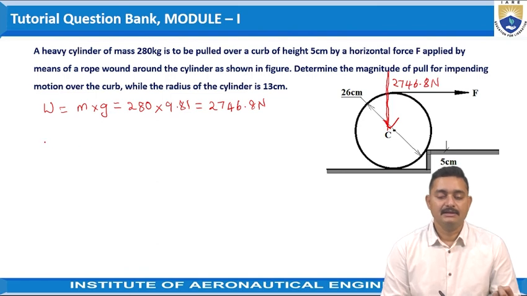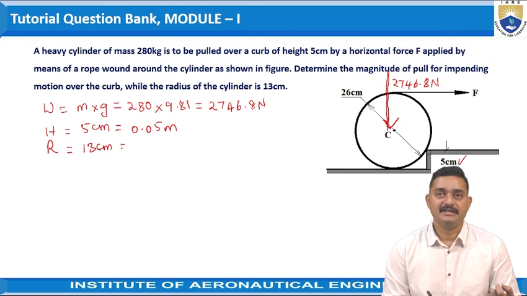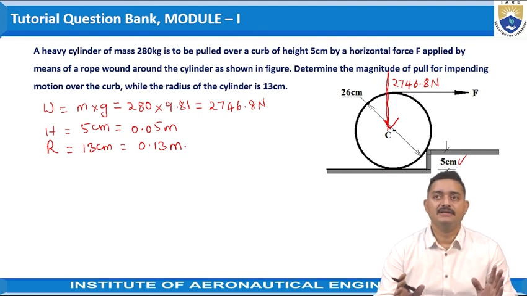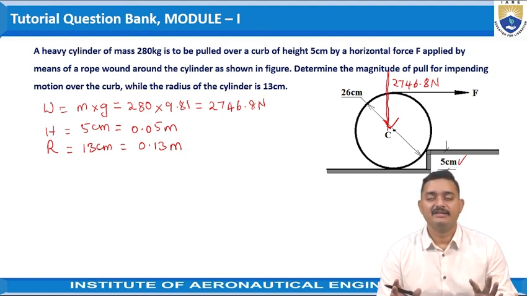Then, the height of the curve is given as 5 centimeters, which can be taken as 0.05 meters. Also, the radius of the cylinder, 13 centimeters, can be taken as 0.13 meters. So, we have converted all the data to the SI units.